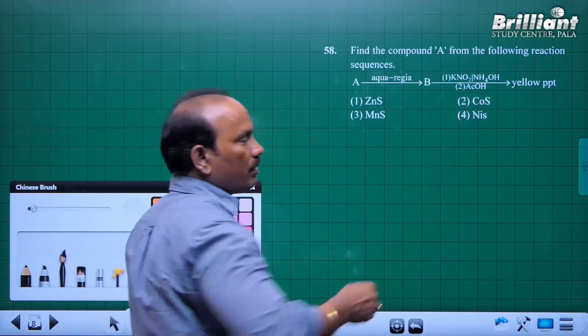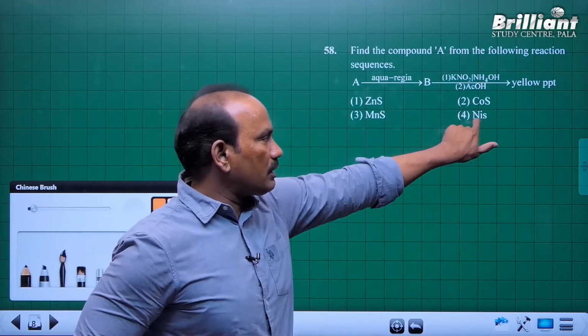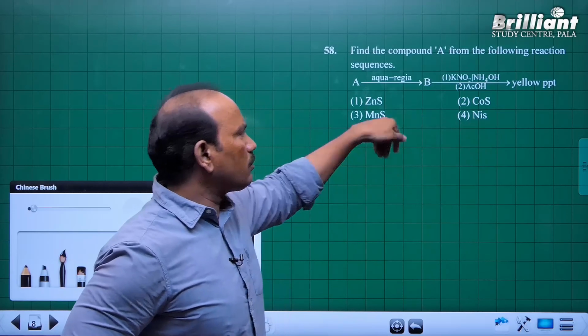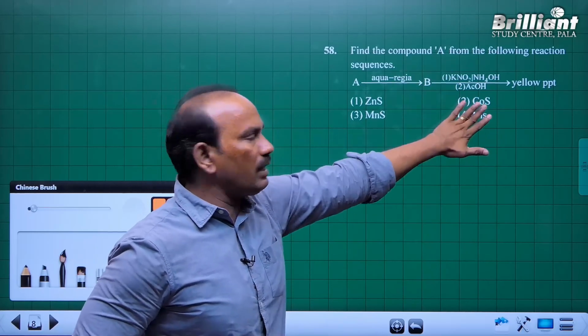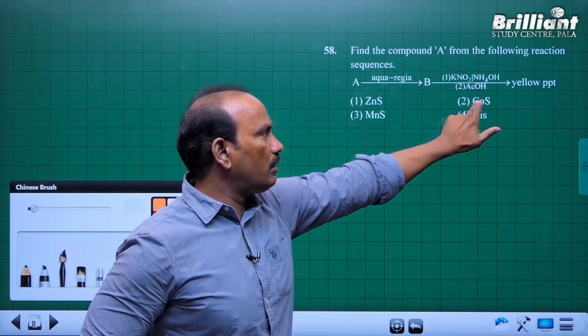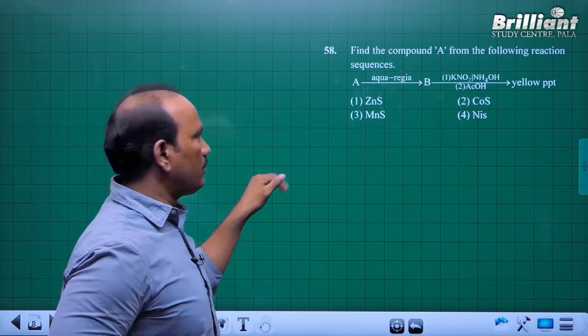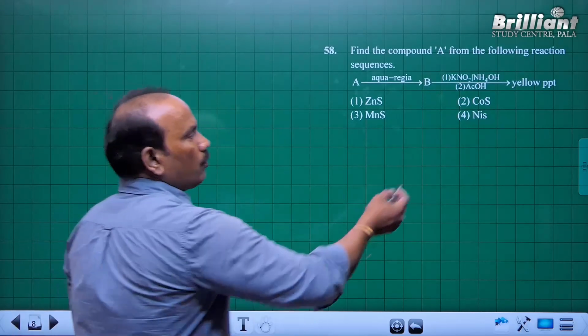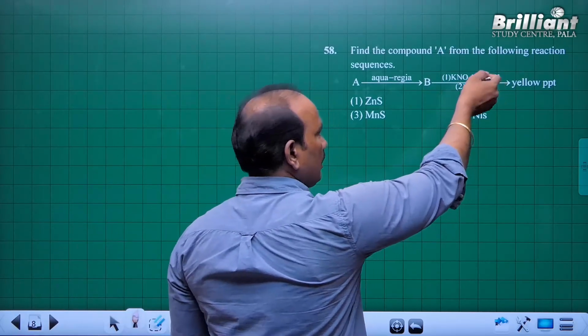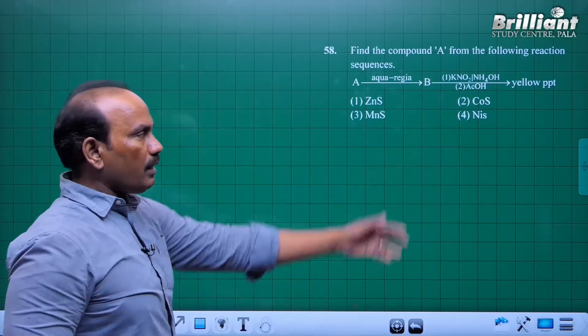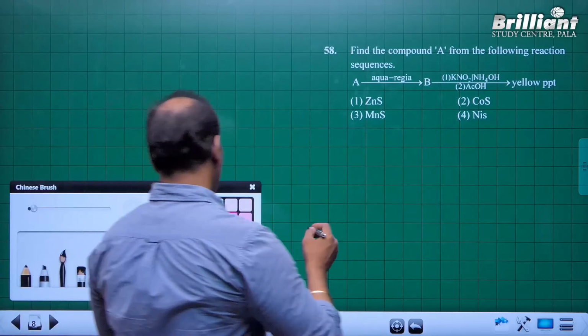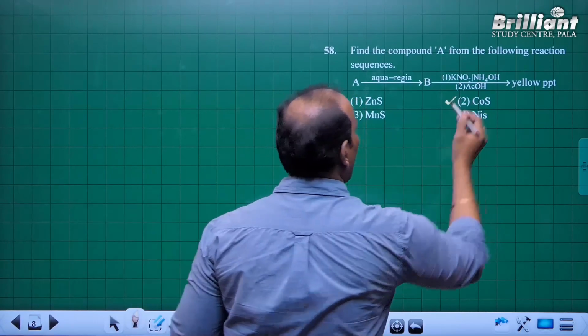Both are dissolved in aqua regia, not only CoS. NiS is also soluble, but these are soluble only in aqua regia. Cobalt sulfide and nickel sulfide are both soluble in aqua regia, but only cobalt combines with this reagent to form the yellow precipitate. So this is the option.